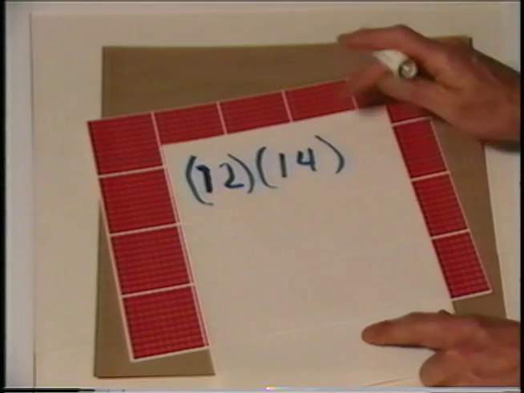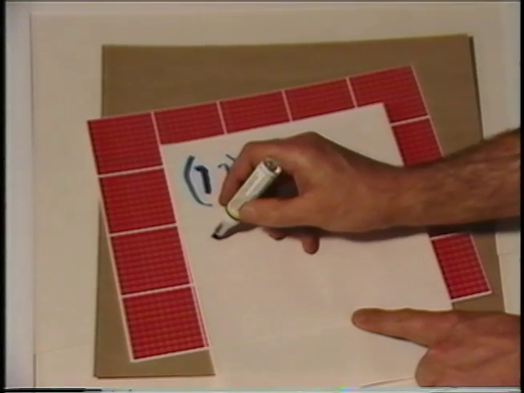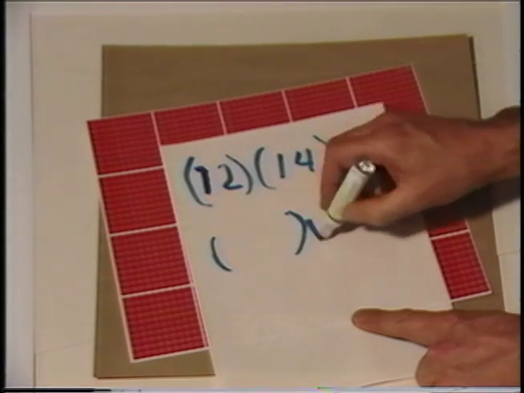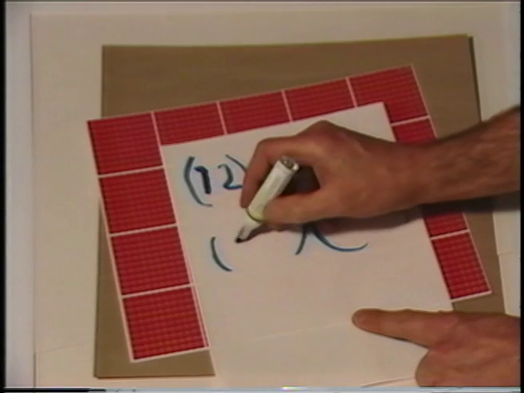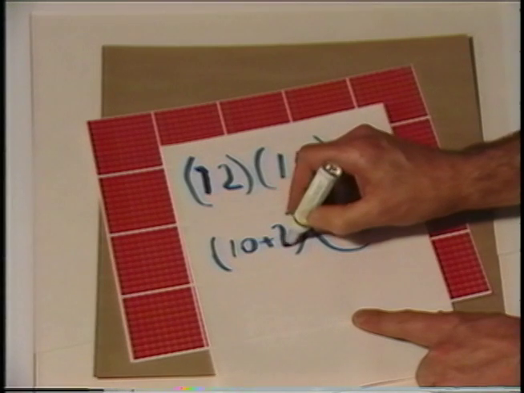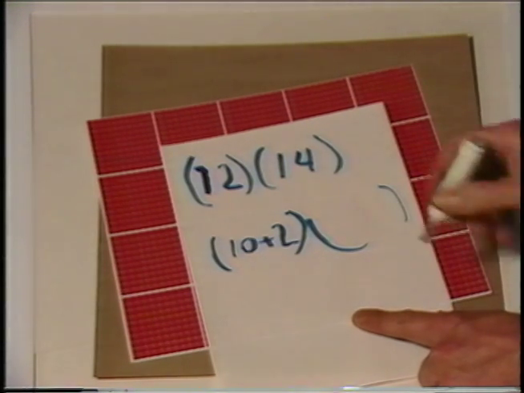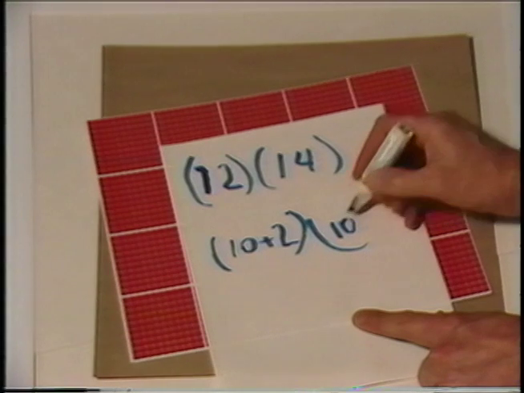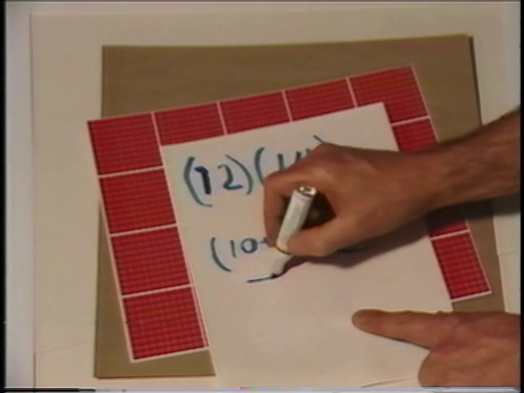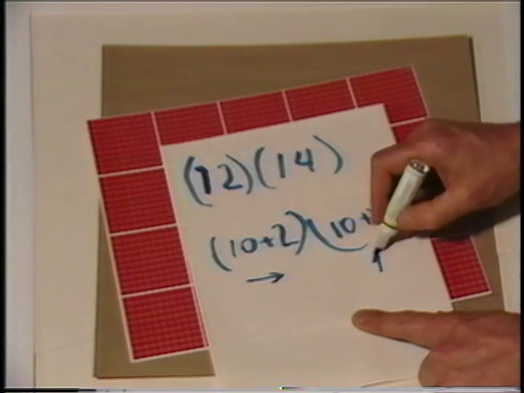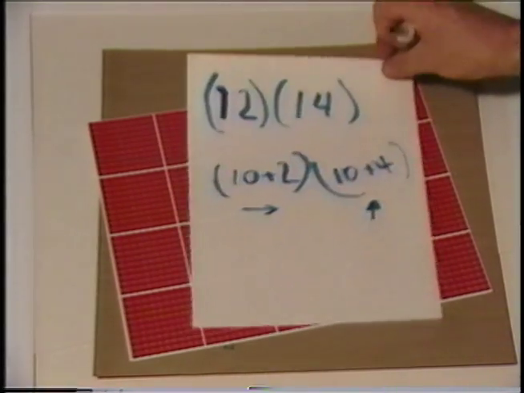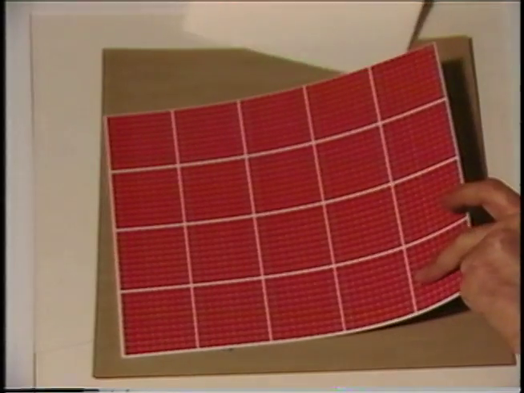Of course, we will rewrite that from shorthand to longhand. We will rewrite that as 10 plus 2 and 10 plus 4. Here we have over distance, up distance. We have to build a rectangle given that information. Let's build our rectangle.